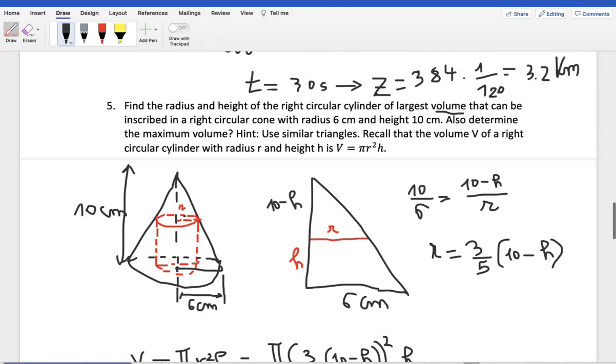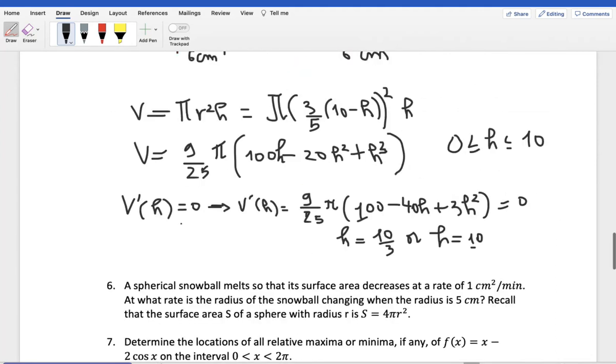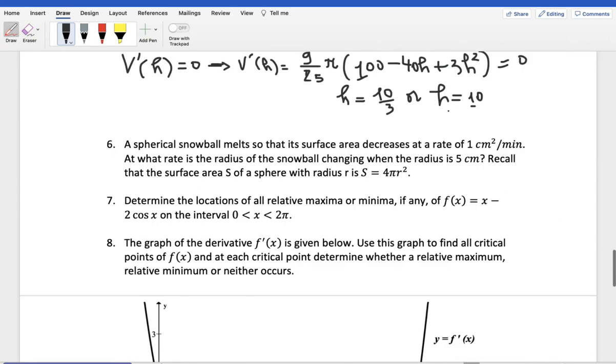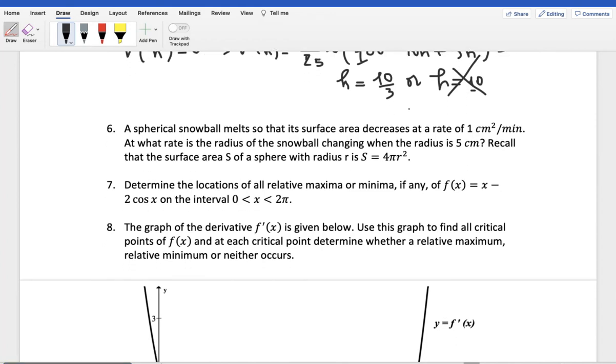And if the cone itself is 10 centimeters, and the cylinder is fitting inside the cone, then whatever the height of the cylinder is, it has to be less than 10 for it to fit inside the cone. So we know that h is not equal to 10, so we can ignore that one. But since we have 10 over 3, which is less than 10, we consider this other root here.